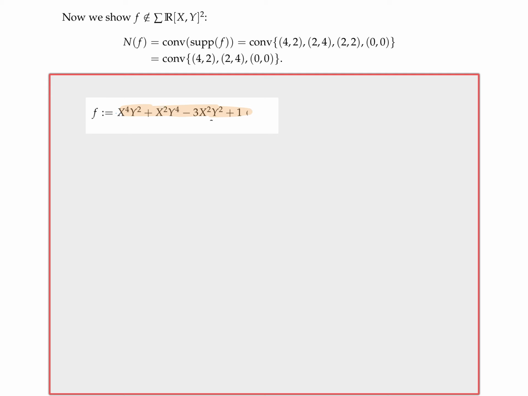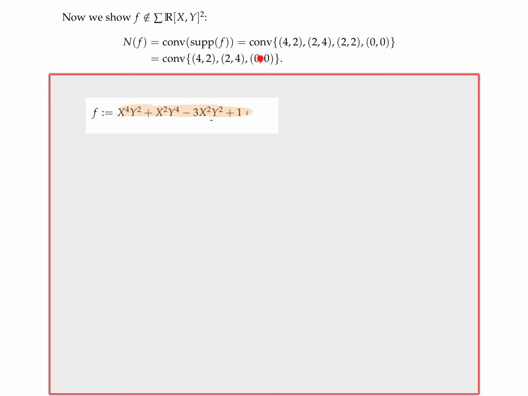And you see that the (2,2) here is not necessary, because that's 1/3 times this plus 1/3 times this plus 1/3 times (0,0), right? So that's a convex combination of the 3 others. So I can forget about this.